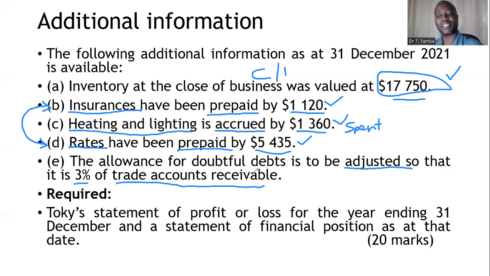So it should be indicated in the statement of profit or loss and other comprehensive income. But also remember that the 3% is going to affect the accounts receivable, which means that we are going to deduct that 3% from the trade accounts receivable so that we get the amount that goes into the statement of financial position.